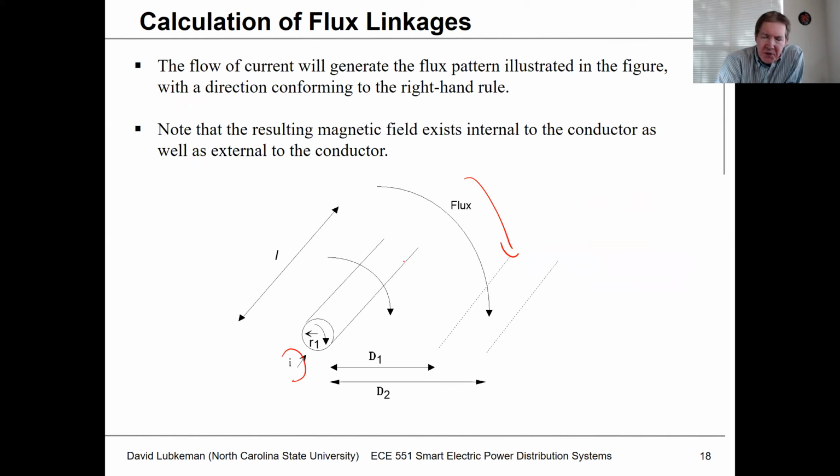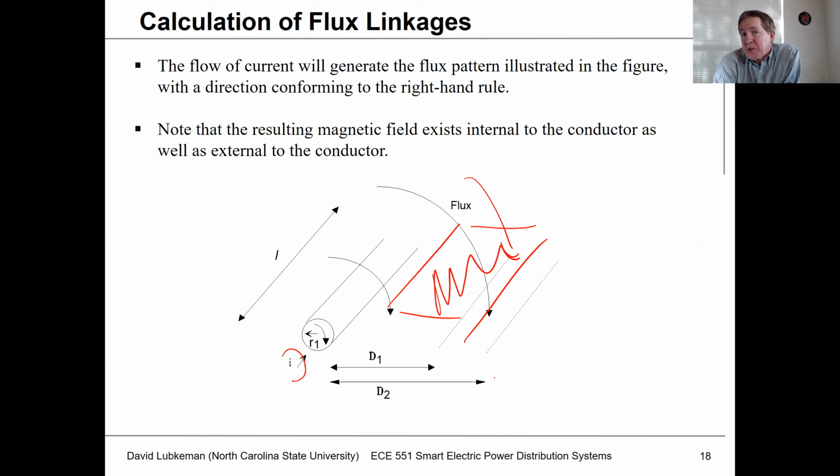We're also going to be interested in calculating the net flux out in free space. And for doing that, we're going to be concerned with the flux flowing within an area that's defined by distances D1 and D2 from the center of this particular conductor.